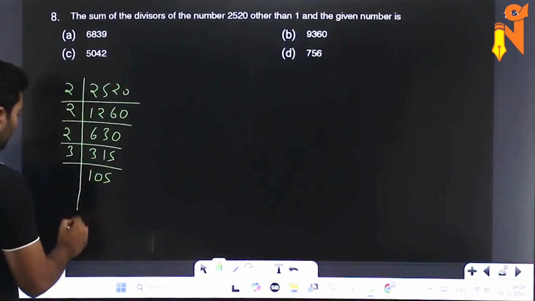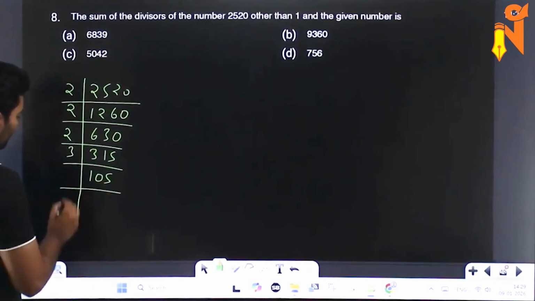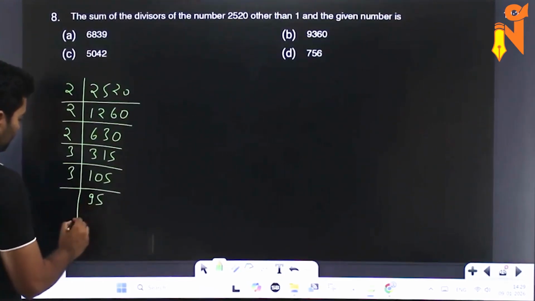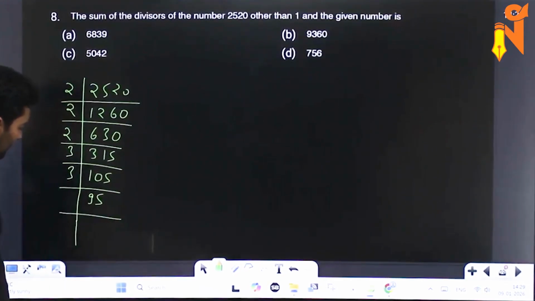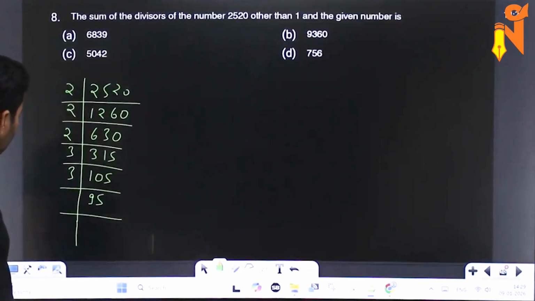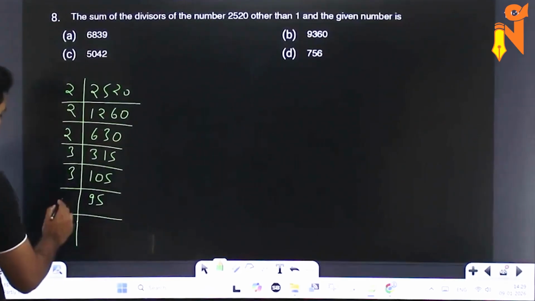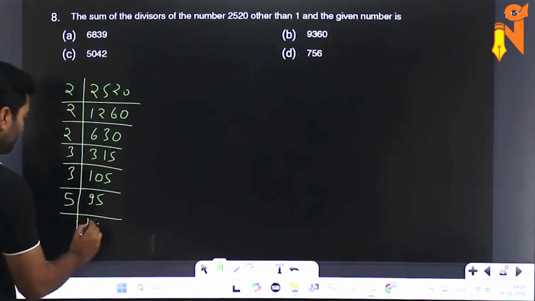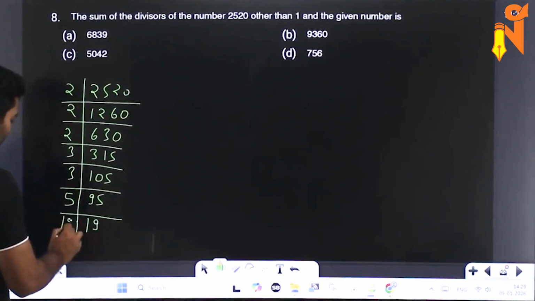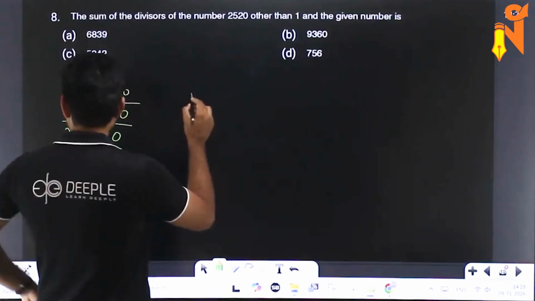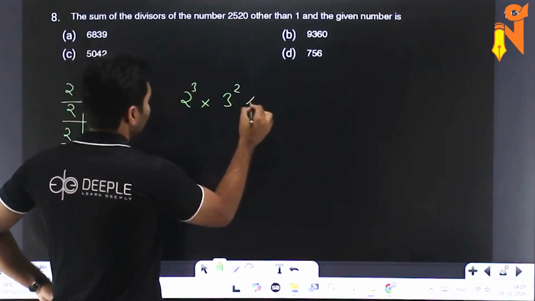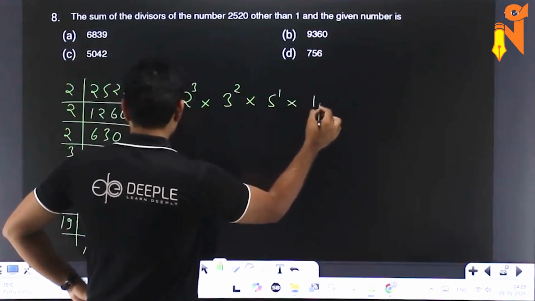Yeah, okay. Then I can see 3 again, 9 and 5. Then not 3 here. Now we can see 5. So 5, 1, 4, 5, and 19. So 19 here and 1. Nice. So this is basically 2 cube into 3 square into 5 power 1 into 19 power 1.